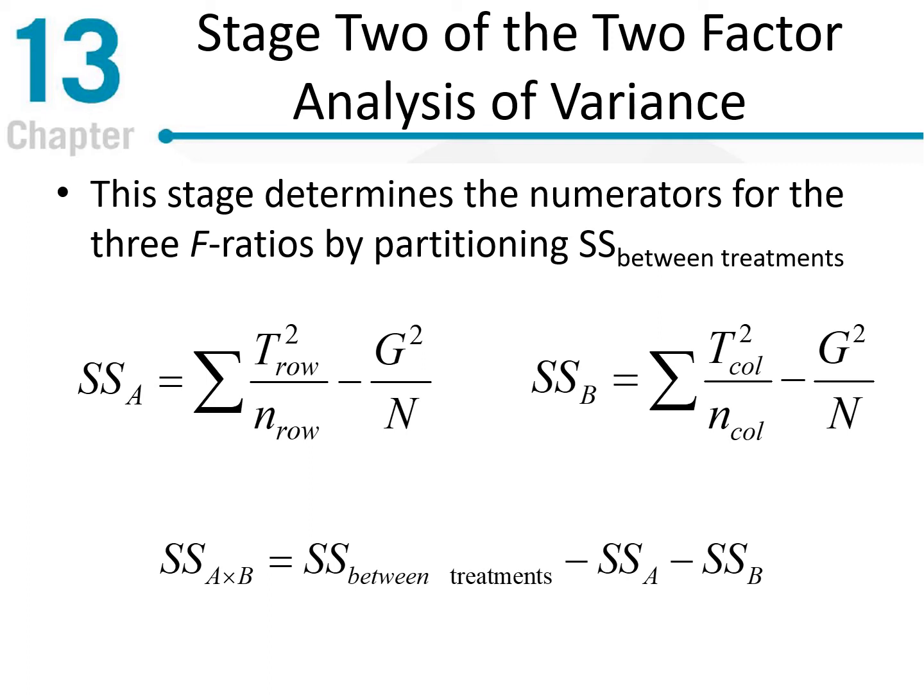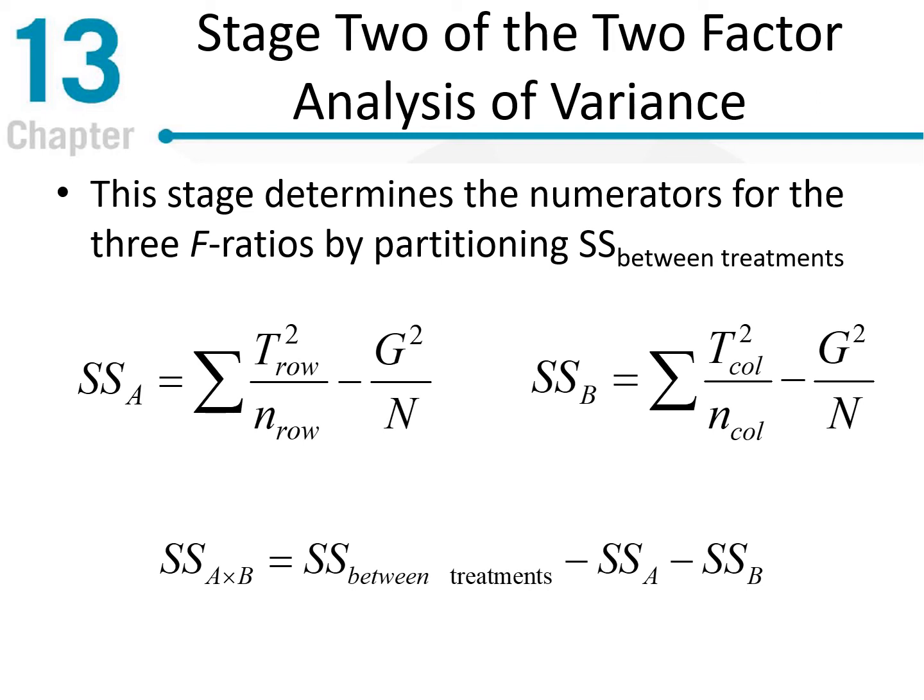You're going to add up the numbers across each row, find the row sums, and square each row sum. If you have 2 levels of one variable, variable A, you're going to have 2 row sums. So square those row sums and divide by the total number of subjects comprising the entire row.